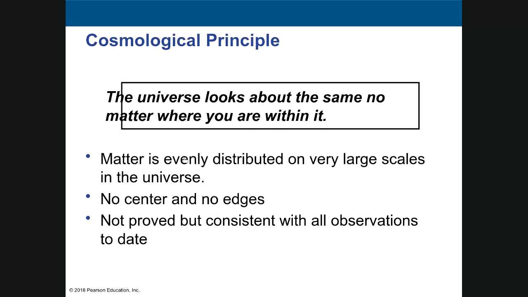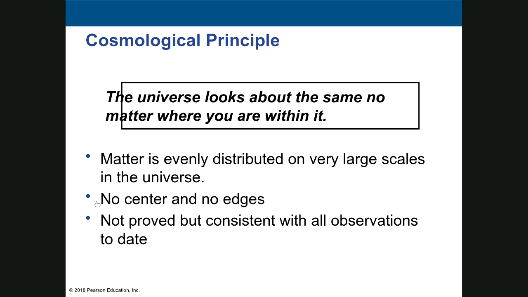And so the cosmological principle is that the universe should look the same no matter where you are within it. So observations we make that lead us to this assertion: 1, matter is evenly distributed on very large scales in the universe, all right? 2, there's no apparent center or edge. So if you're feeling like you are the center of the universe, in some sense you're correct, but so is everyone else.